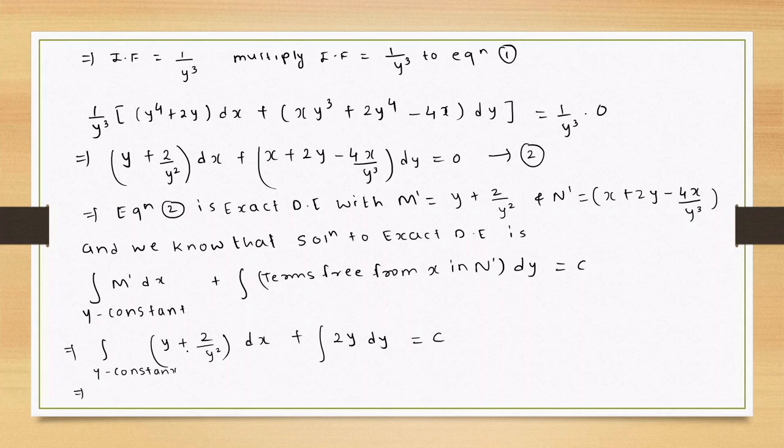So as y plus 2 by y square, the whole term will be a constant because we are keeping y as a constant. So the integration of this is (y plus 2 by y square) into x, plus 2y square by 2, is equal to c.